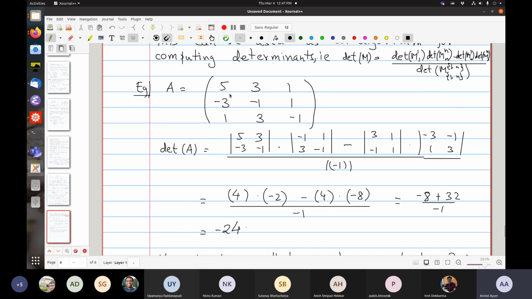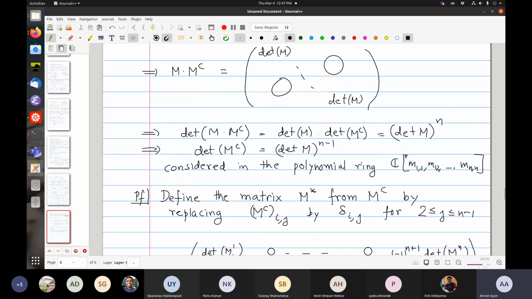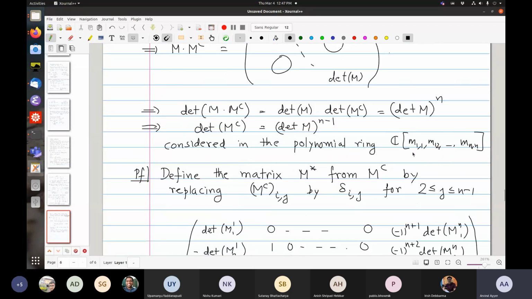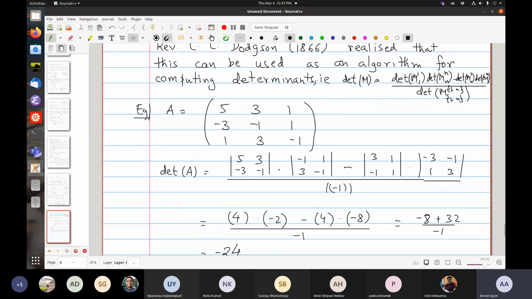And this generalizes in a natural way. Suppose I take polynomial entries, or as I said earlier, arbitrary m_ij's, so we are working in this ring, then you should expect something in the fraction field. But actually, we know that the determinant is going to be a polynomial. So there are going to be an amazing number of cancellations.